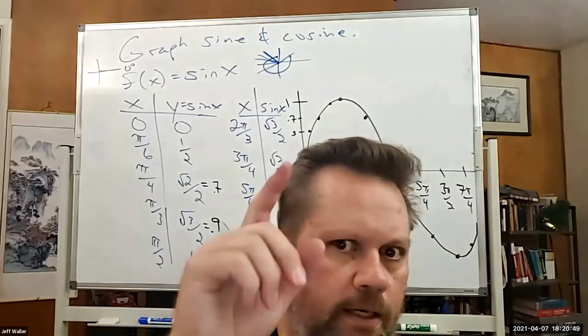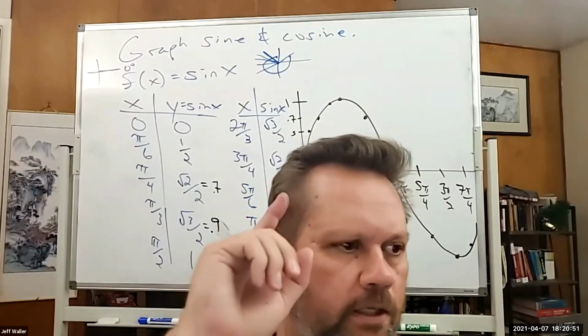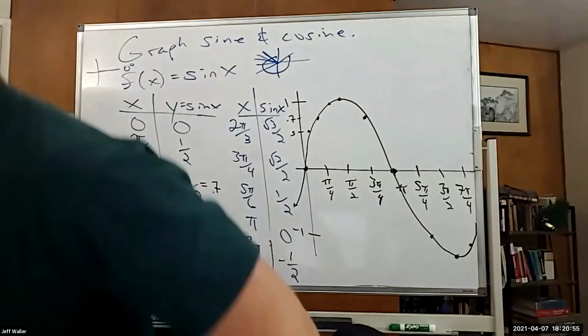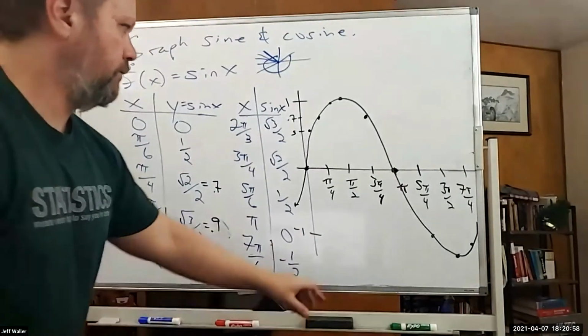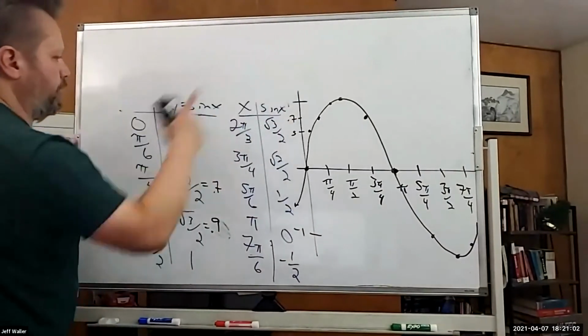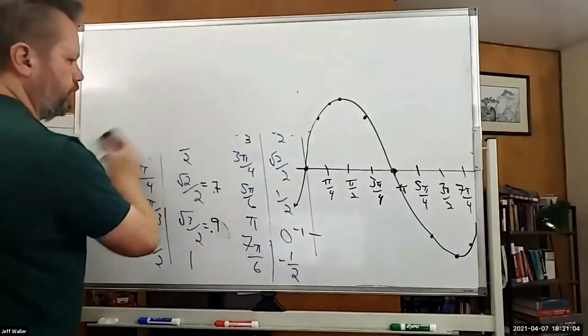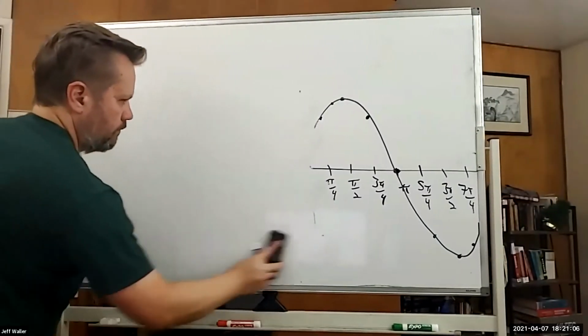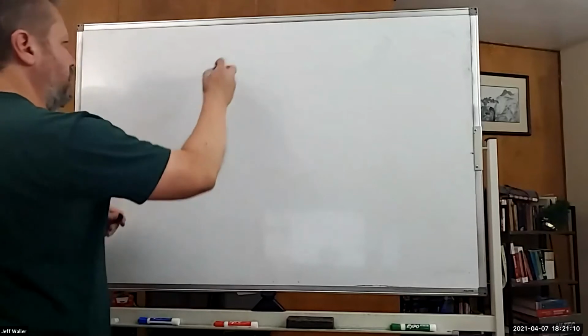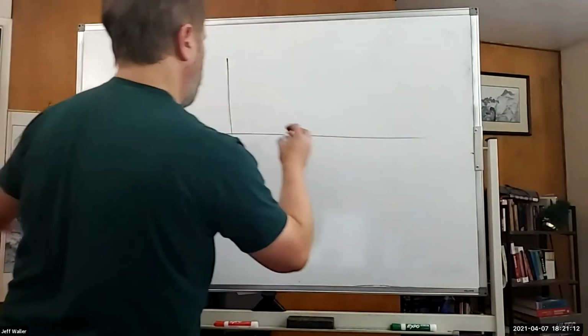Now, let's look at cosine. Let's see if we can do cosine a little bit quicker, without the XY table. So let me just make a graph here.